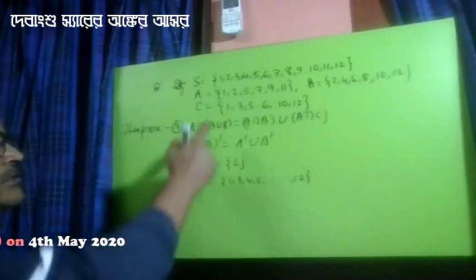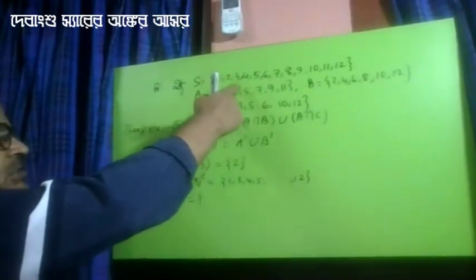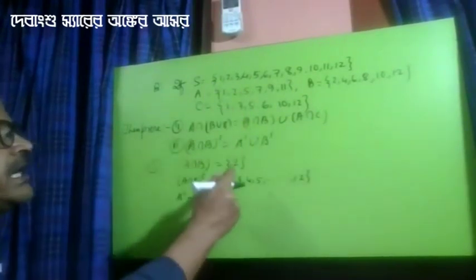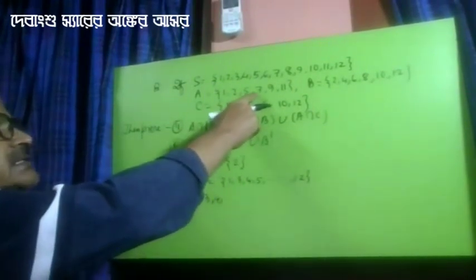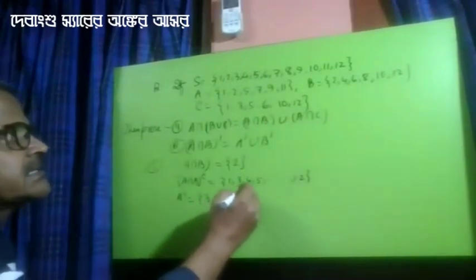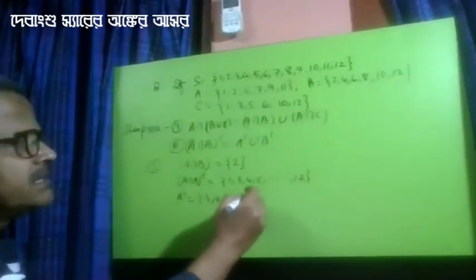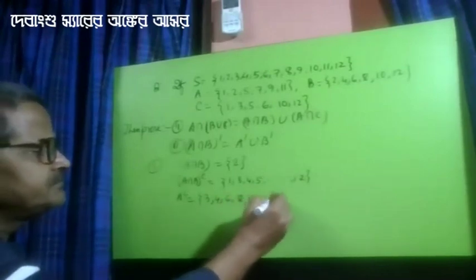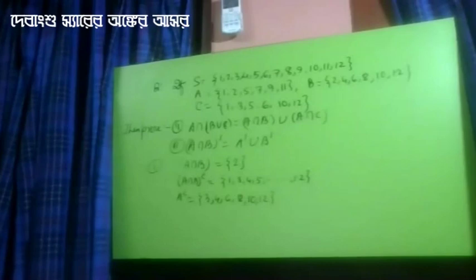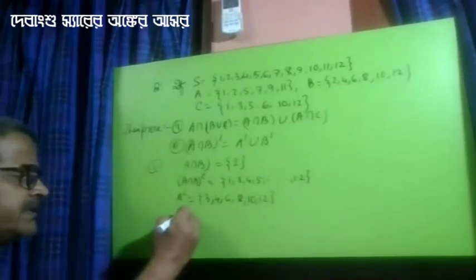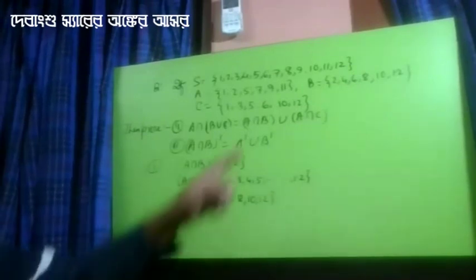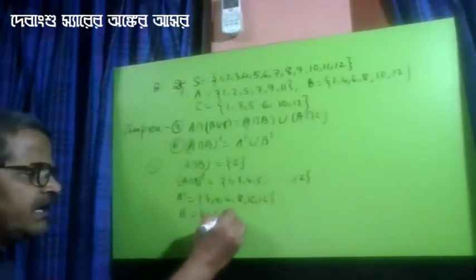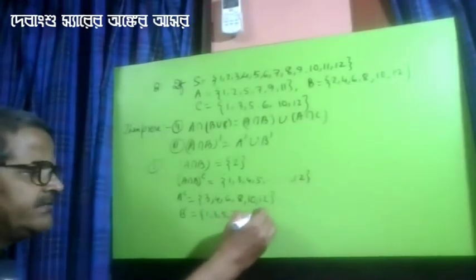So A complement includes: 1 is in A, 2 is in A, 3 is not in A, so 3 will be there. 4 is not in A, 4 will be there. 5 is in A, 6 is not in A, 6 will be there. 7, 8, 9 is in A, 10 not in A, and 12. So A complement. After that, B complement. B is very easy: 2, 4, 6, 8, so the odd numbers: 1, 3, 5, 7, 9, 11.